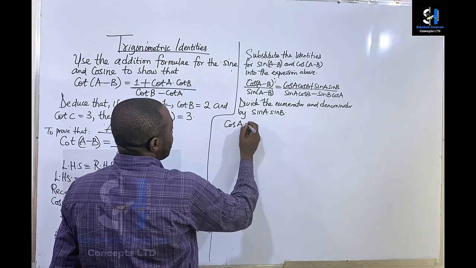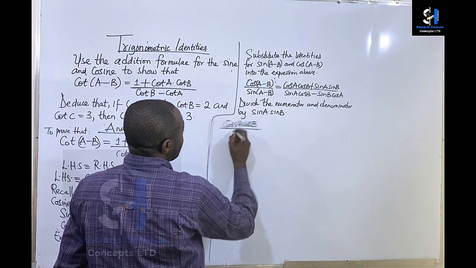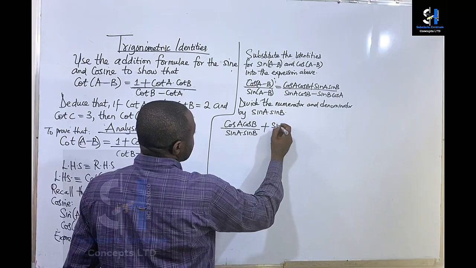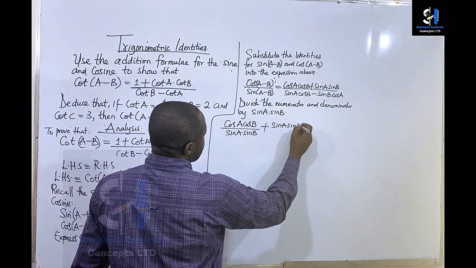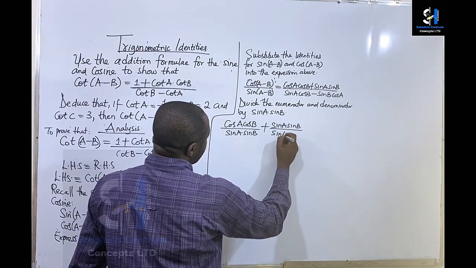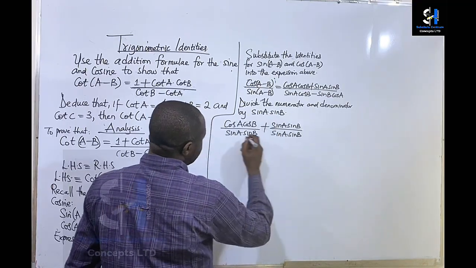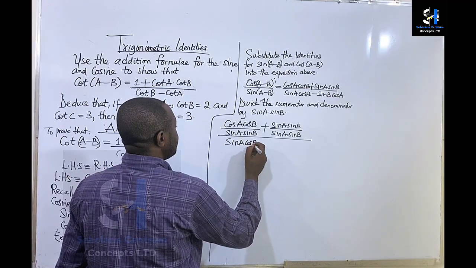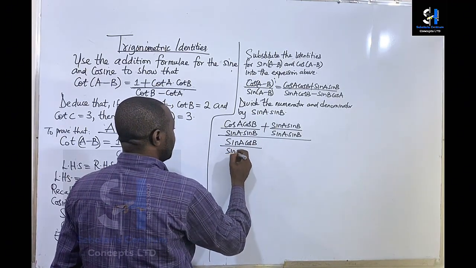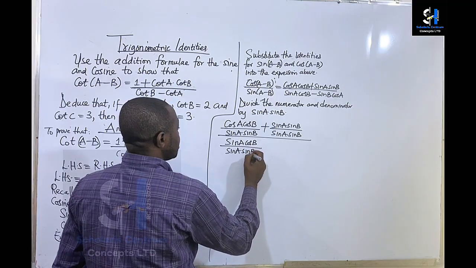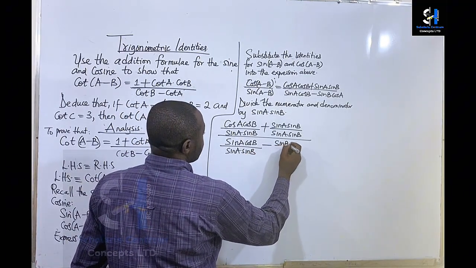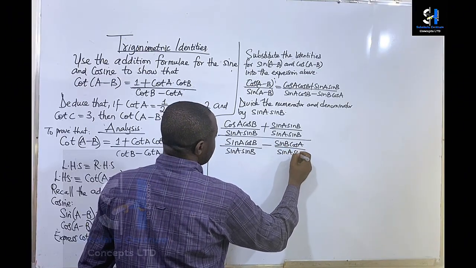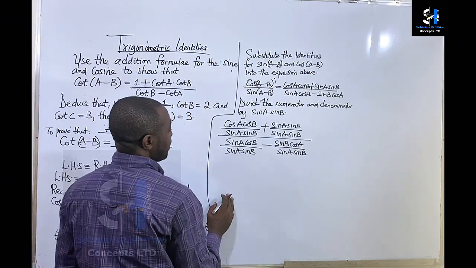So we have cosA cosB over sinA sinB plus sinA sinB over sinA sinB, all over sinA cosB over sinA sinB minus sinB cosA over sinA sinB.